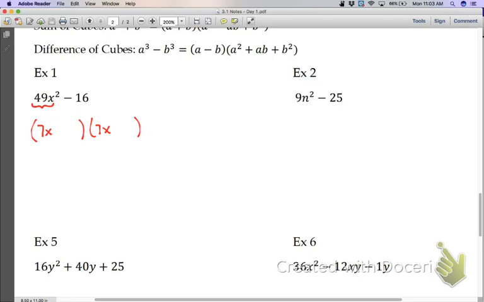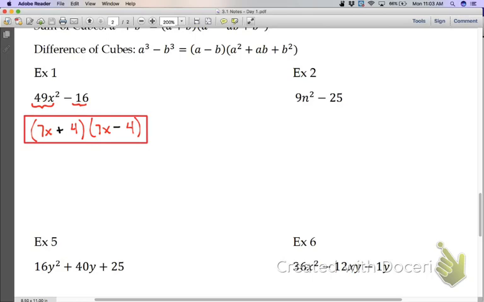Same way with 16, what are 2 numbers that multiply together to give me 16? Well, 4 and 4. Since I don't have a b in the middle, since that goes away, I'm going to have one that's positive and one that's negative. They're what's called conjugates, and we'll talk more about those later as we get further into the chapter. But that's all I've got to do.